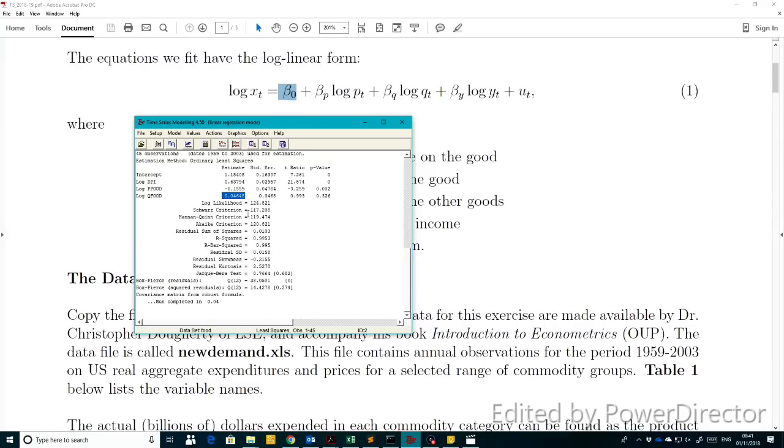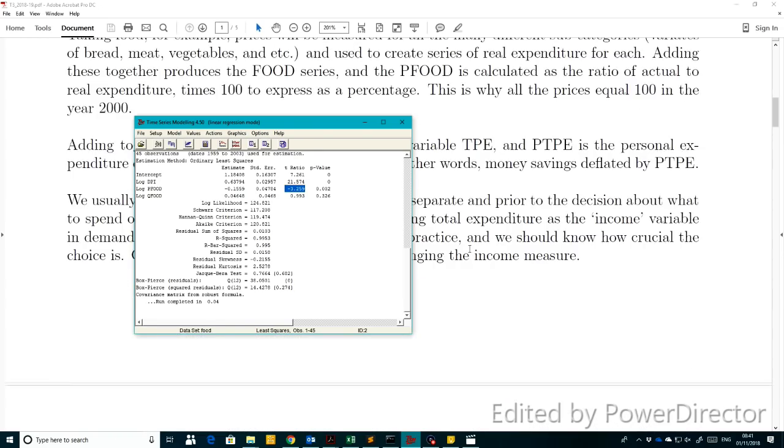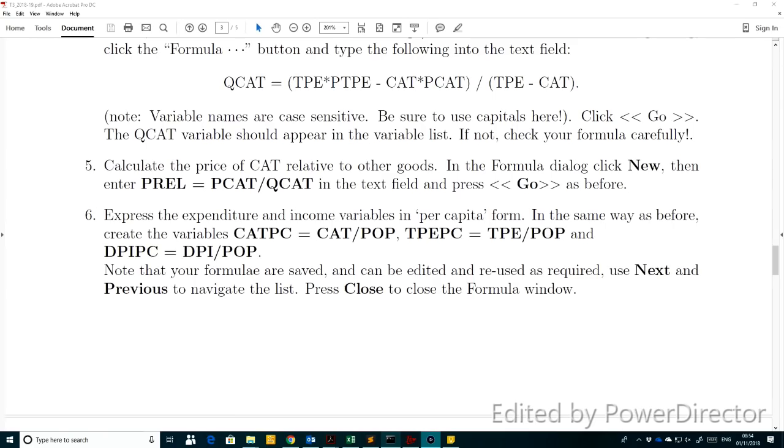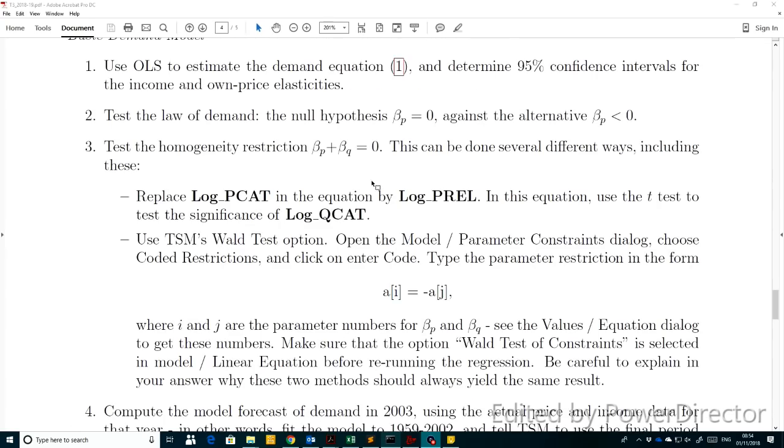And this is the t ratio. The t ratio is very important for part B of the question, but the second thing we want to do is to look at the confidence interval.